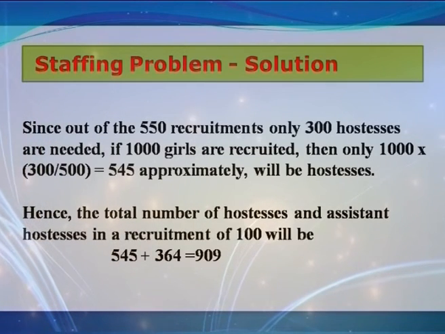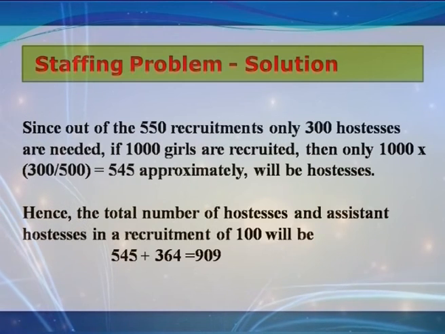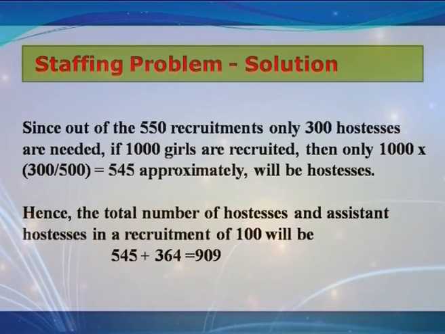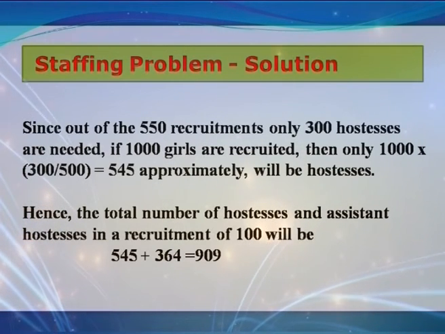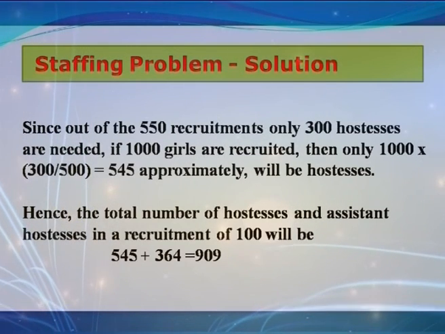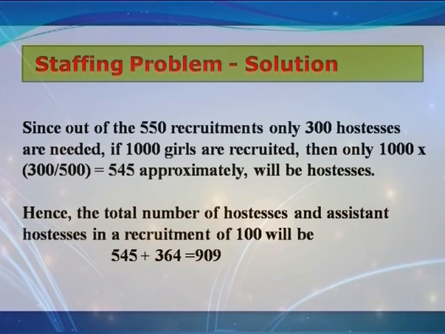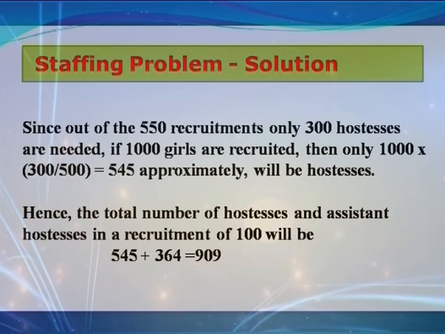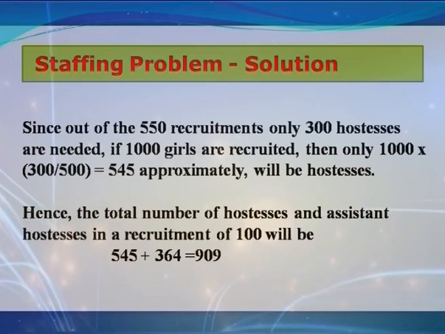Since out of the 550 recruitments, only 300 hostesses are needed, if 1000 girls are recruited, then only 1000 × 300/550 = 545 approximately will be hostesses. Hence, the total number of hostesses and assistant hostesses in a recruitment of 1000 will be 545 + 364, which is equal to 909.